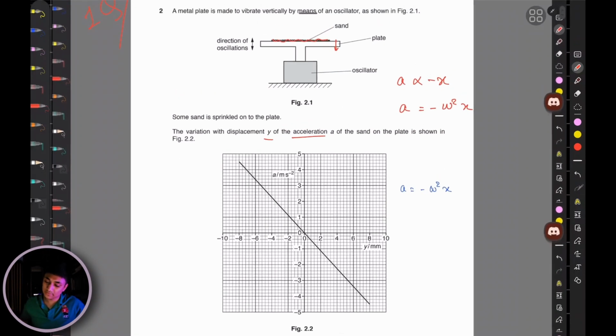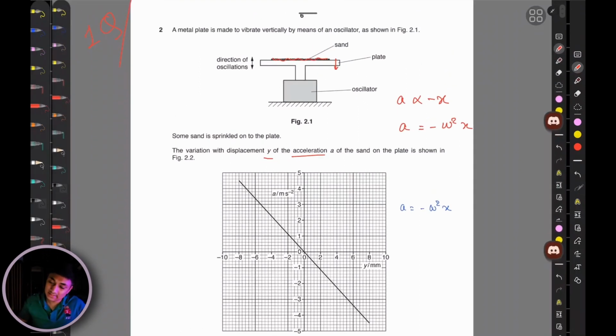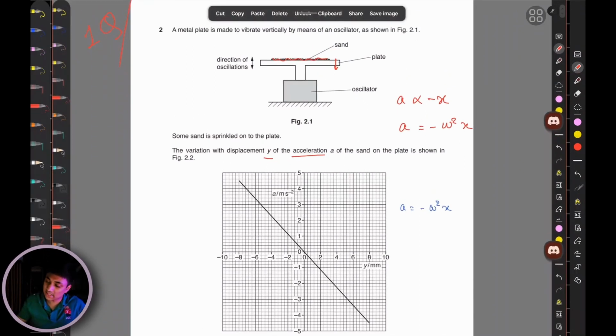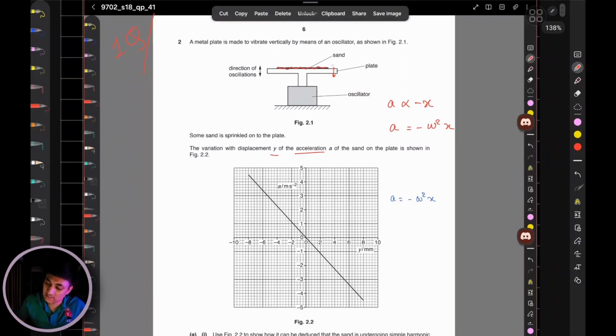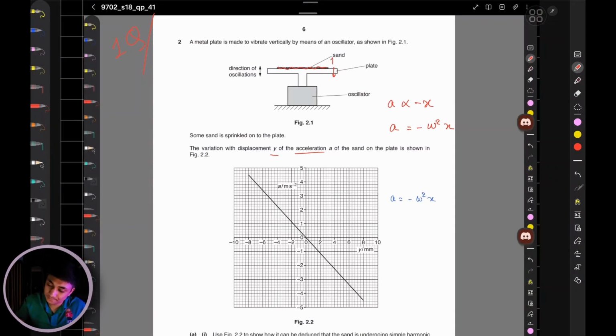At that point, the acceleration of the sand particles is actually upwards, right? So the oscillator is vibrating or moving the sand particles in such a way that the acceleration of the sand particles are opposite to the displacement of the sand particles.